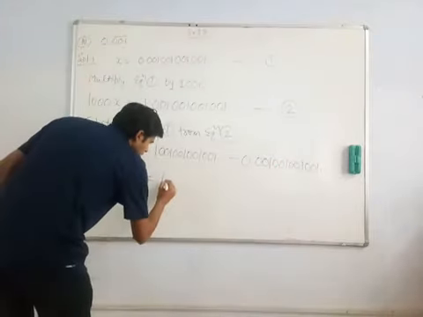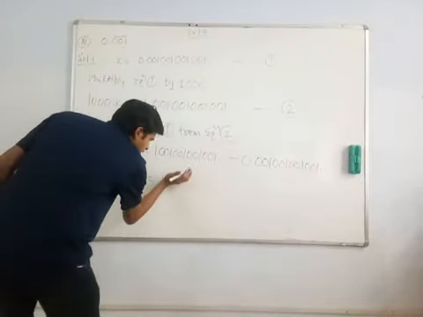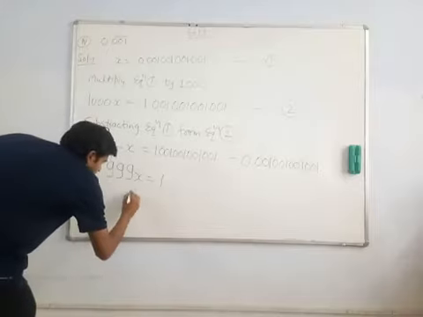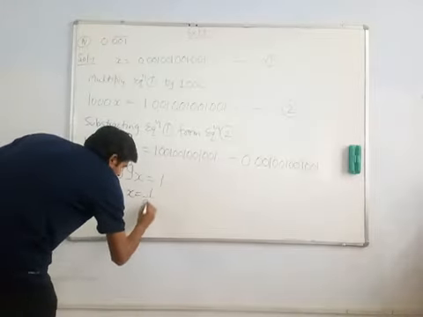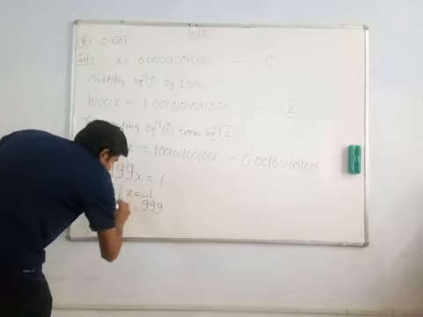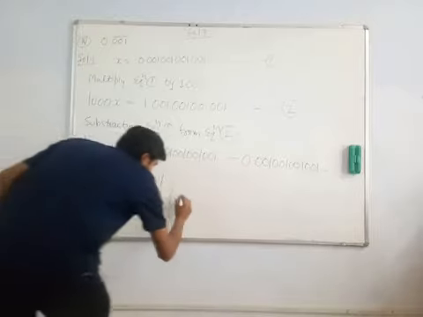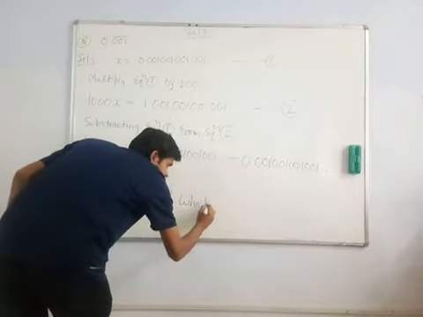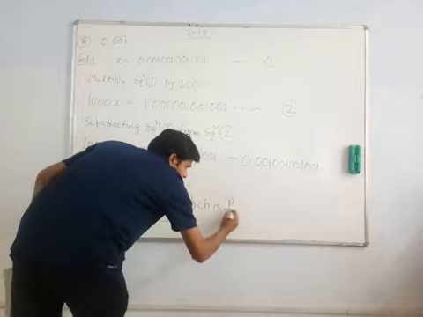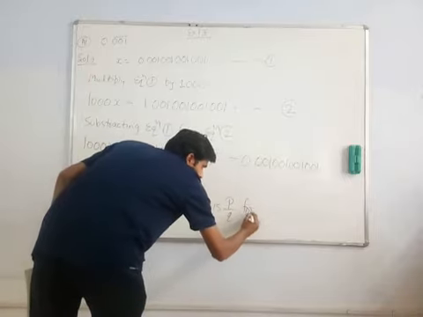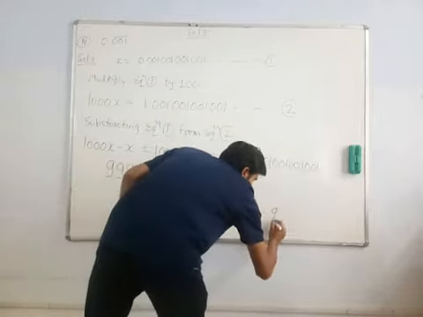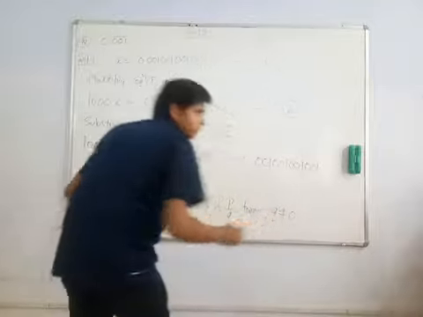So this is 1.0 or simply 1. So x equal to 1 upon 999, which is in p upon q form, and q is not equal to 0.